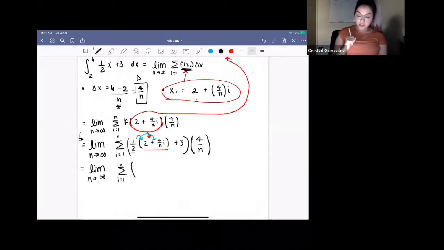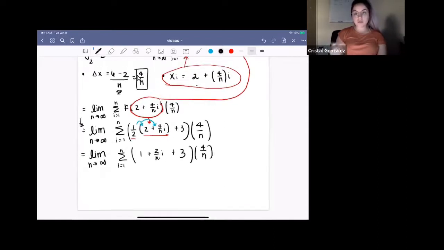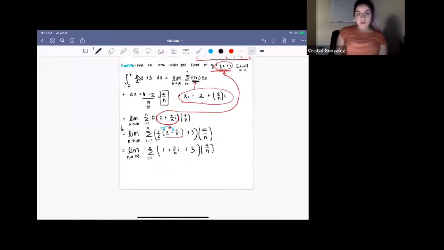If we distribute 1/2 times 2, that's just 1, plus 1/2 times 4i over n, that's just 2i over n. And then we still have that plus 3 at the end, times 4 over n. I'm being very careful with my steps here so that you can see where we're at.